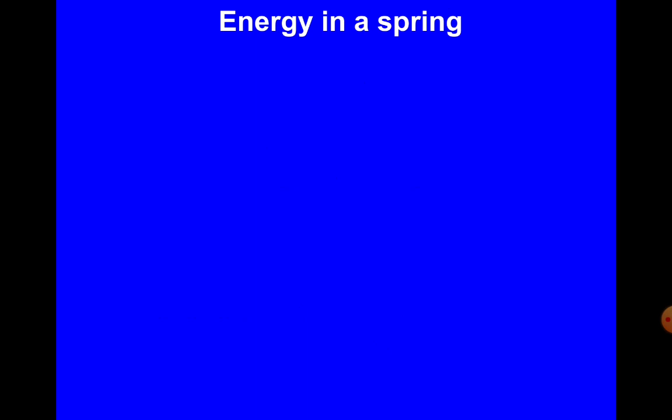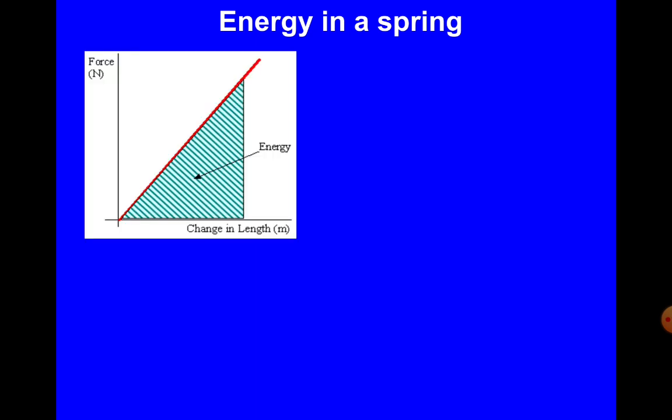That is F times x, force times a distance. So when we look at the force or the load versus the change in length, we simply can find the energy in a spring as the area under the line.